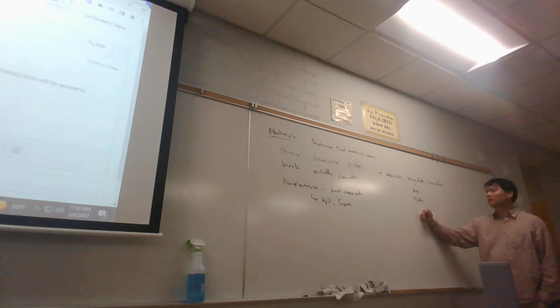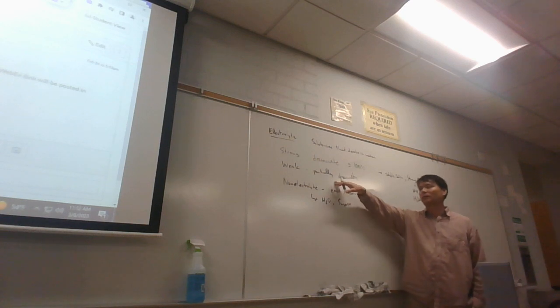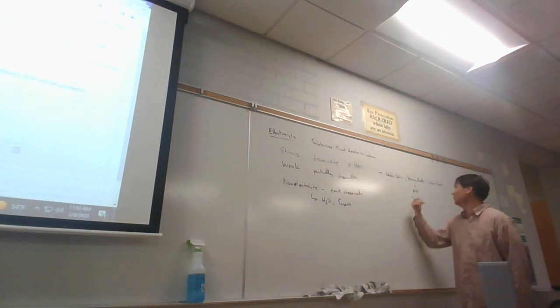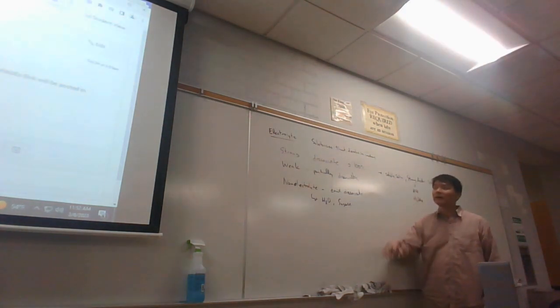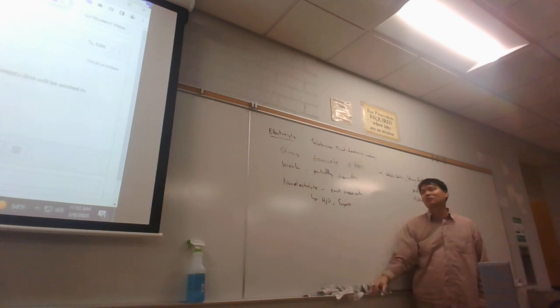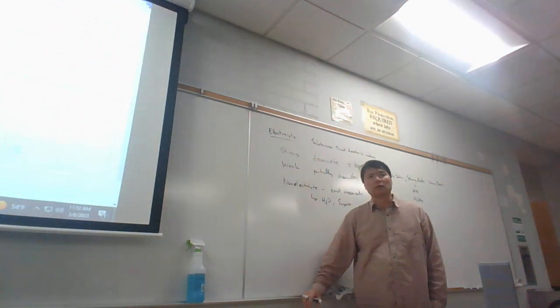HCl, H2SO4. Phosphoric acid fits into the weak category. HCl and H2SO4 dissociate about 100%. Phosphoric dissociates about 80%, so it's borderline strong. Maybe throw it in the strong, but we'll keep it in the weak.